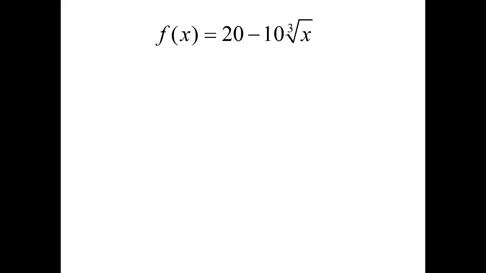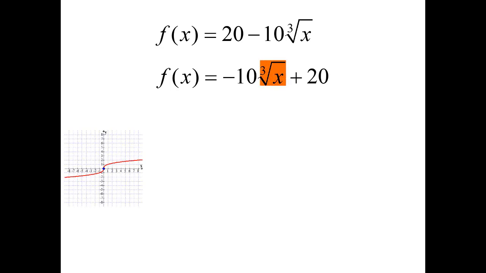Now here's something that I want to take a look at. If I were to type this on my calculator and try to draw a graph, it's likely not going to happen. What do I know about it? Well, I know what the cube root of x graph looks like. However, what do I know is happening to it? Well, the negative is going to flip the graph upside down.